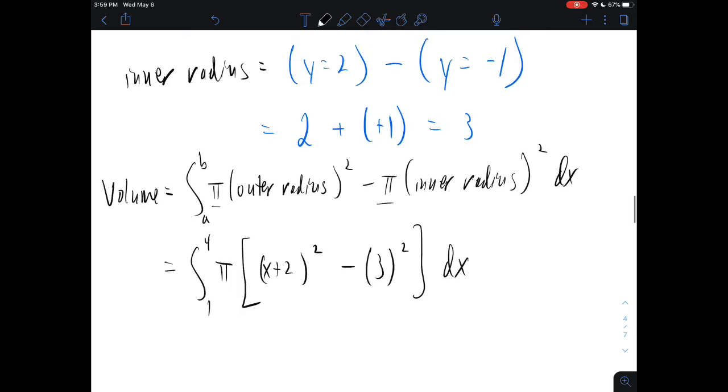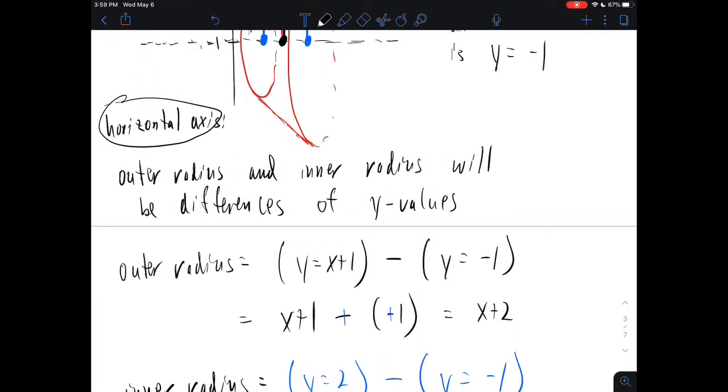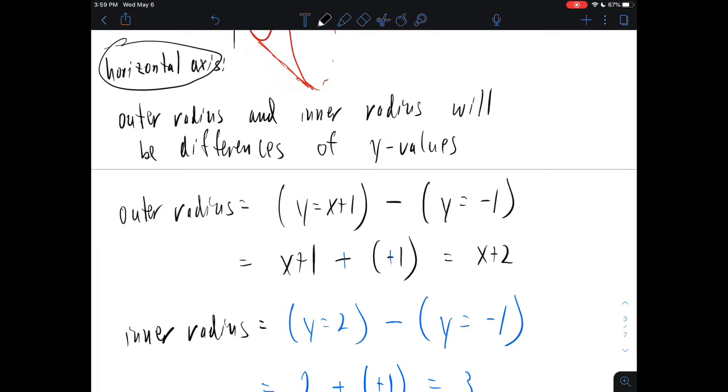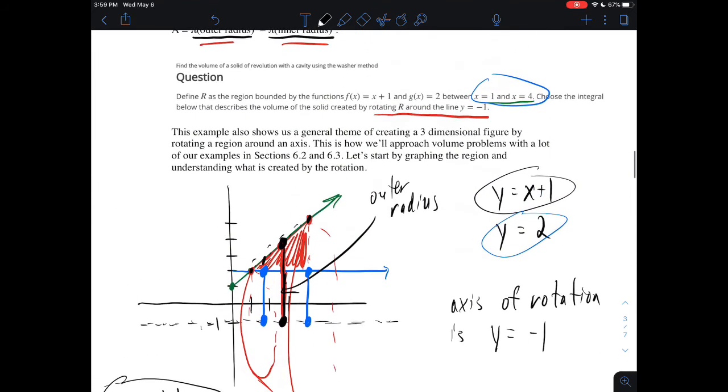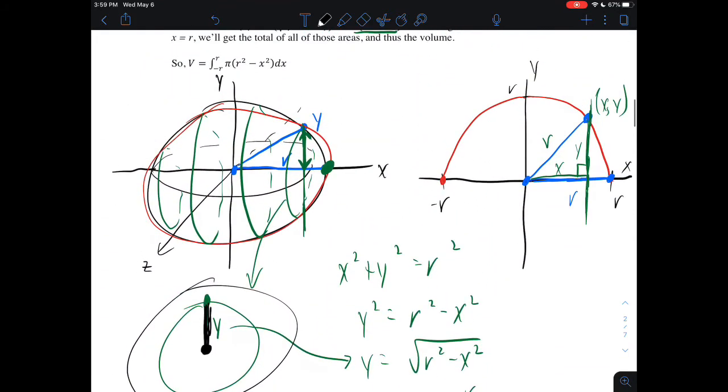Before we finish this problem by doing the integration, something else I want to point out relates to our previous example. We did the same thing there. We just didn't really notice it at the time. We did have an outer radius and an inner radius, and we also had an axis of rotation. You can get the sphere by taking the semicircle that's on the right and rotating it about the x-axis. The x-axis has equation y equals 0.